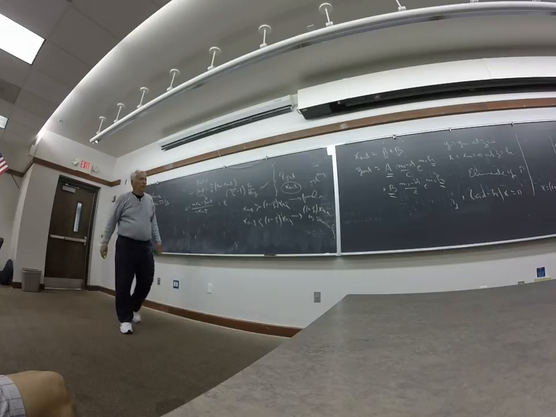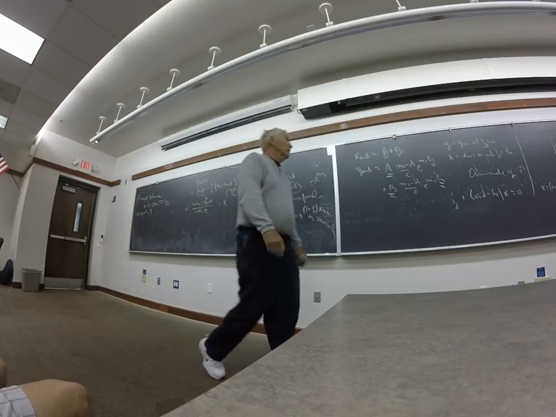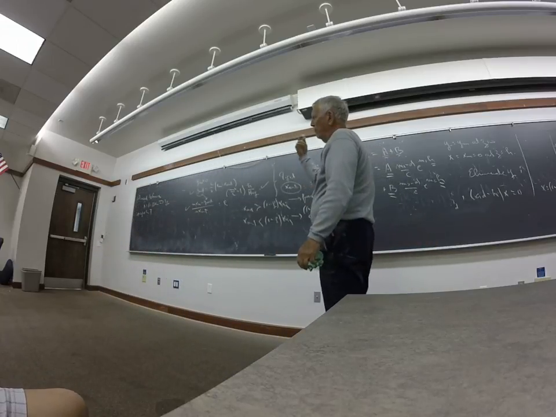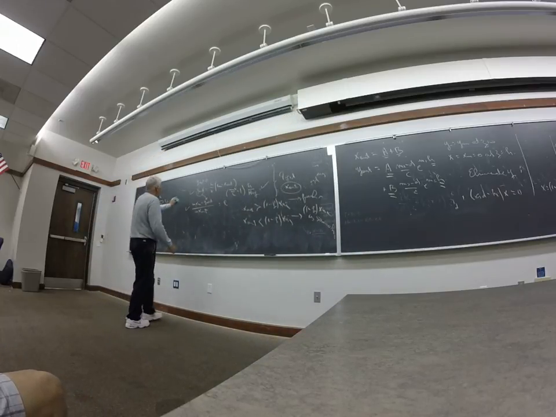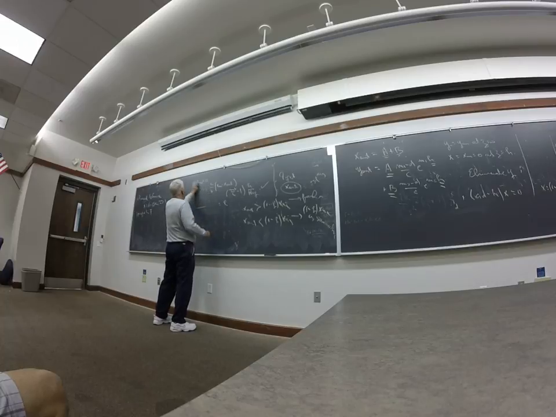So what's my question? My question is, how much time does it take for the fluid in the column to get from the top down to zf? Well, that's not a hard calculation to make.